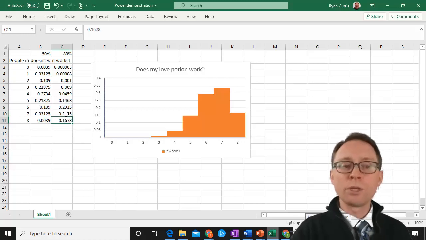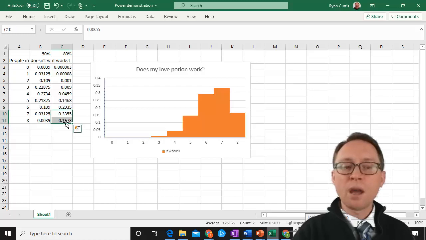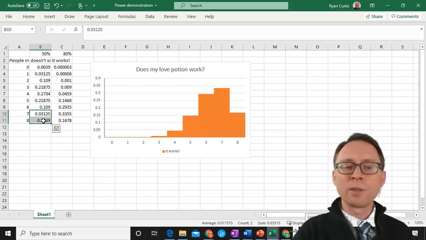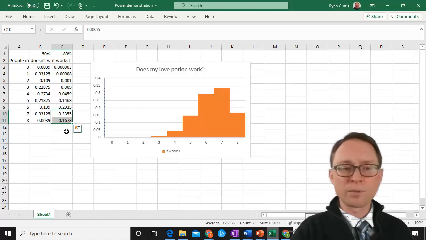The reason we're only doing 7 and 8 is because when we're looking at rejecting the null hypothesis, only 7 or 8, the probability of those happening is less than 0.05. So we can only look at 7 and 8 over here, if it really does work, to see what is the probability of us actually finding the result.